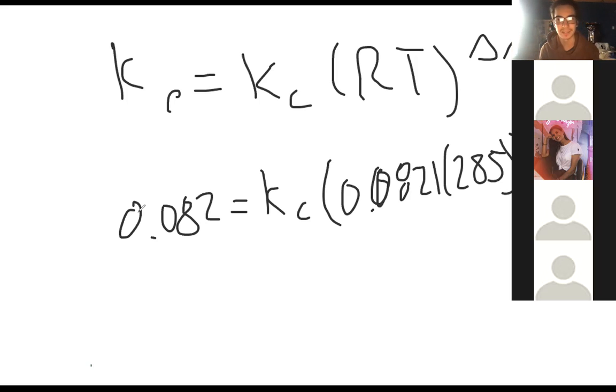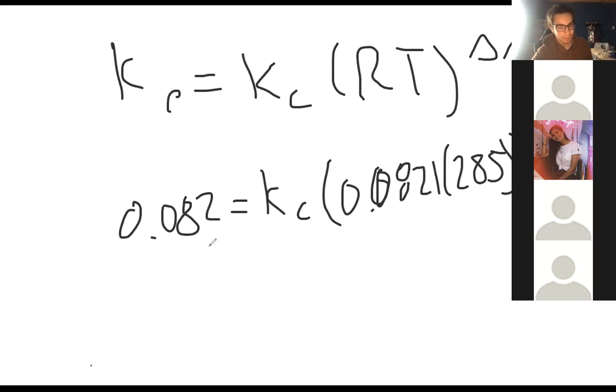What is delta n for this problem? What is our change in moles? -4? Not quite. Does anybody else have an answer? -1? Yeah, so it'd be -1.